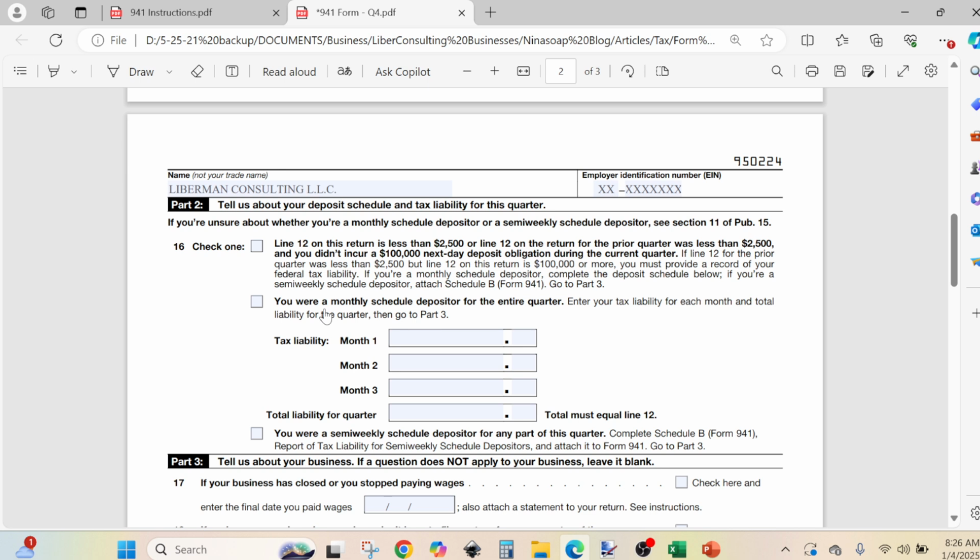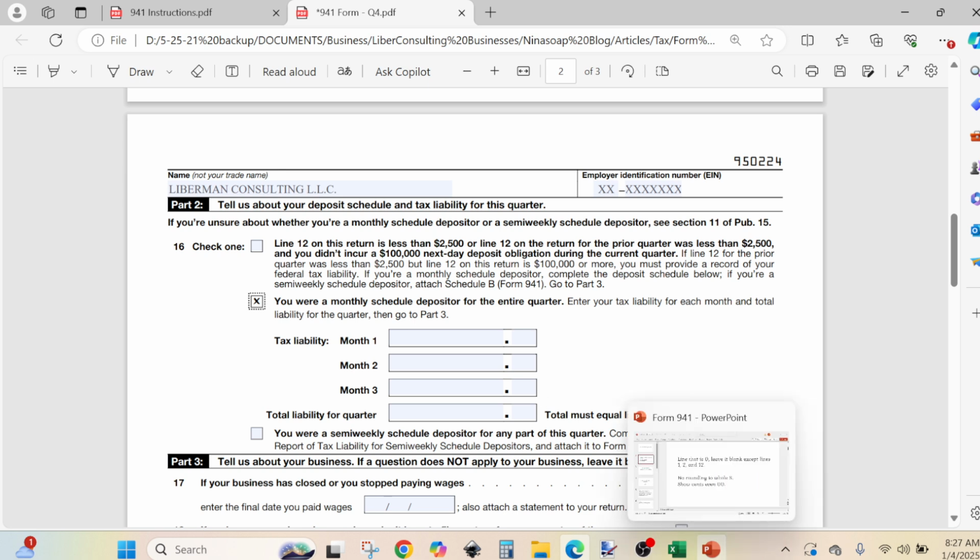That's something you choose at the beginning of the year based on certain criteria. In this example, we choose the monthly deposit schedule, therefore we will check that. If you are a semiweekly depositor, you will check the other one, and then you will complete Schedule B.